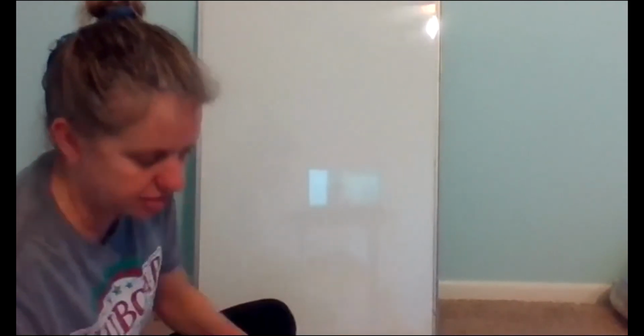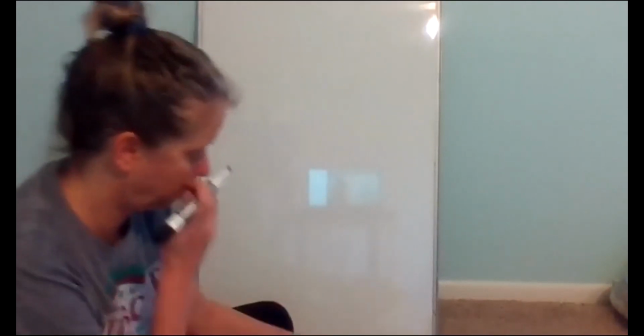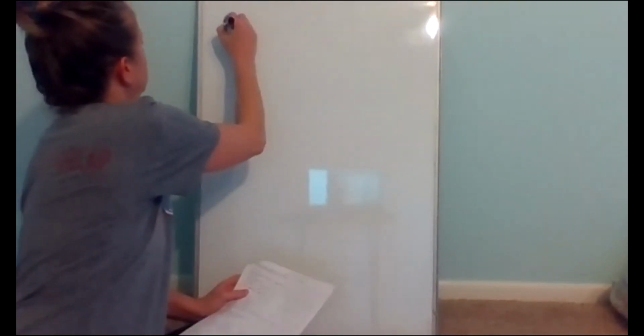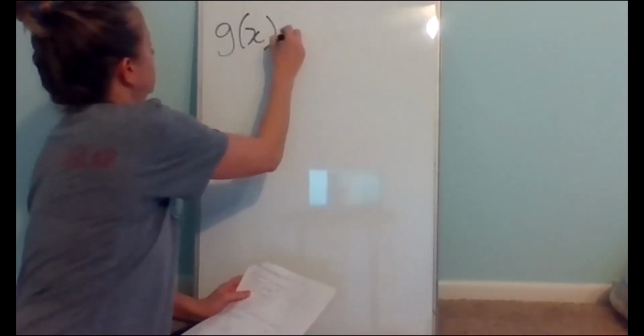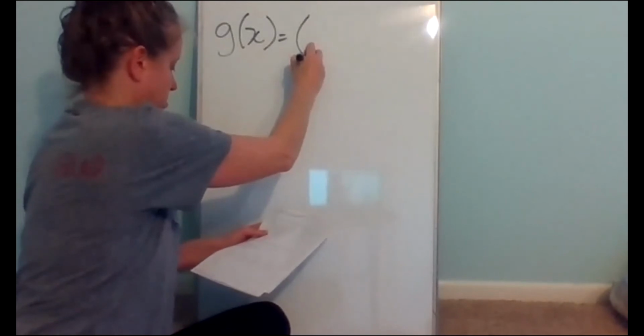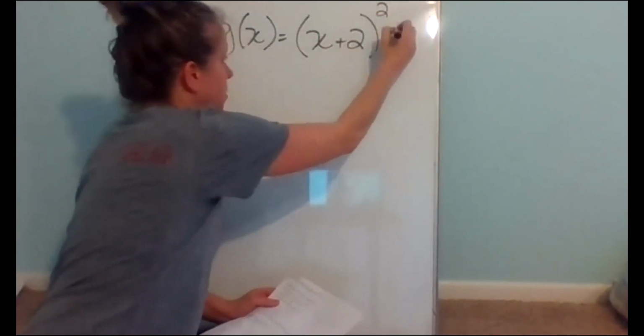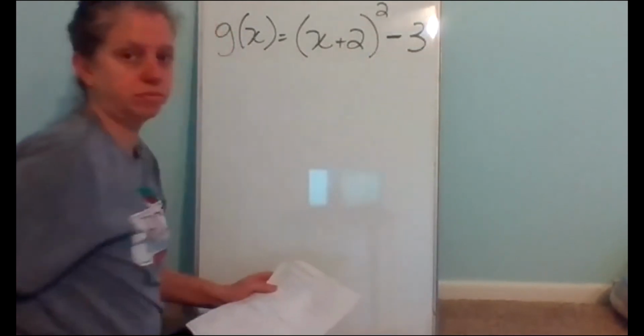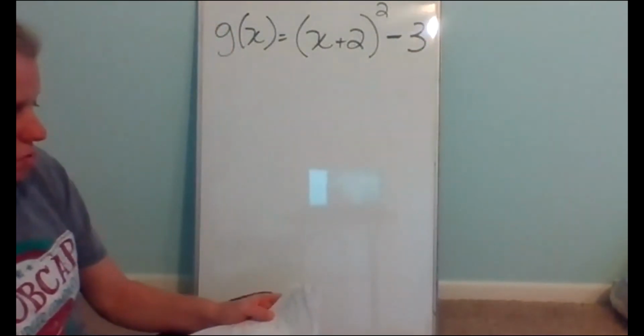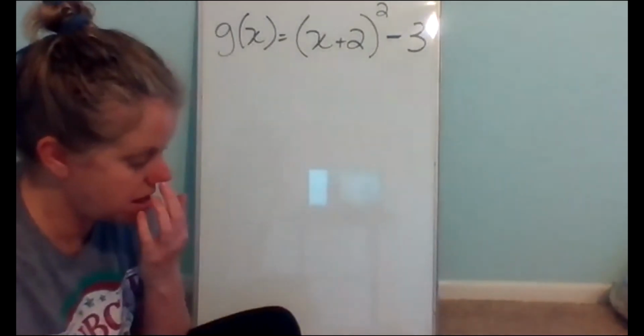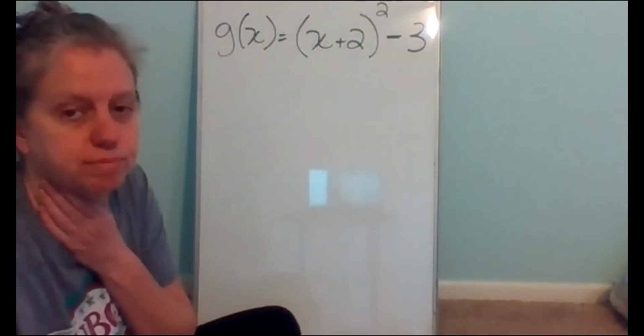All right, number 5. Okay, g of x equals (x plus 2) squared minus 3.